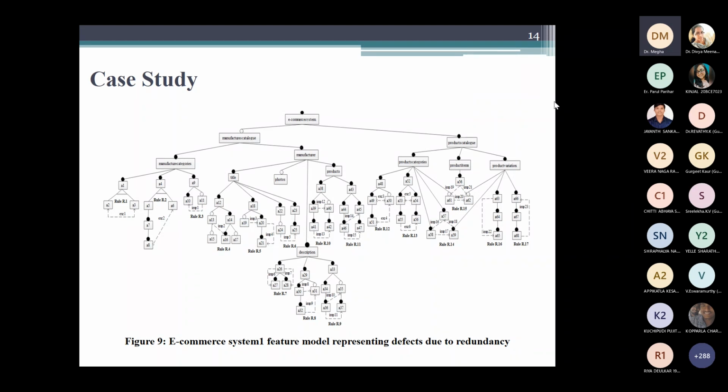As we can see, it's a tree-like structure here. E-commerce system is the root feature. All the other features are the child features or sub features. Now have a look at the left-hand side part of this tree. This rule R.1 represents redundancy 1. This particular case represents redundancy 2, and so on up to 70.